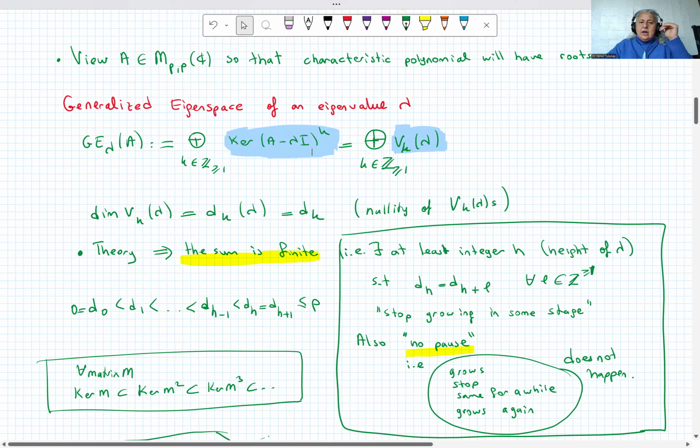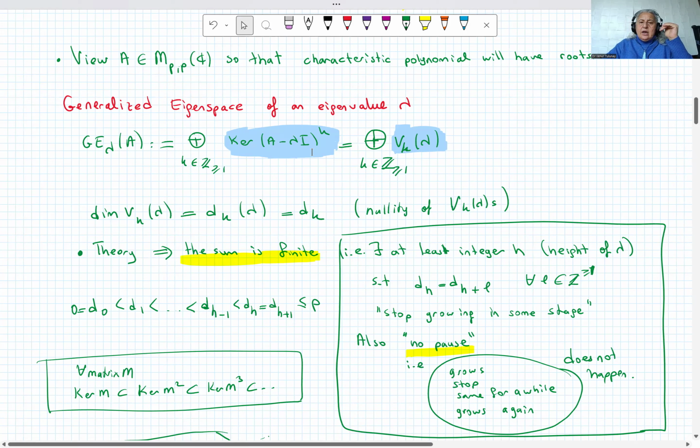They are subsets of each other. This is generally what happens for any matrix, for any operation. The kernel of that operation is a subset of the kernel of the square of that operation, which is a subspace of the kernel of the cube, and so on. This is a general fact, and we are going to use it in our work.